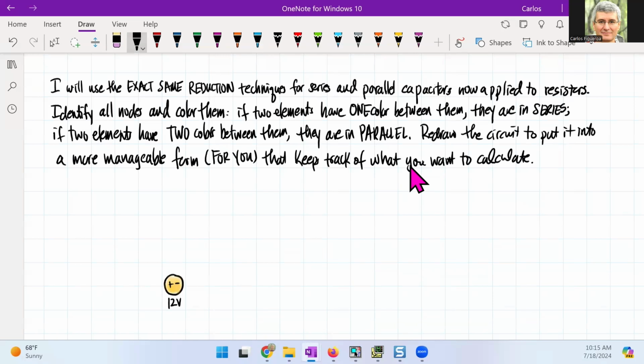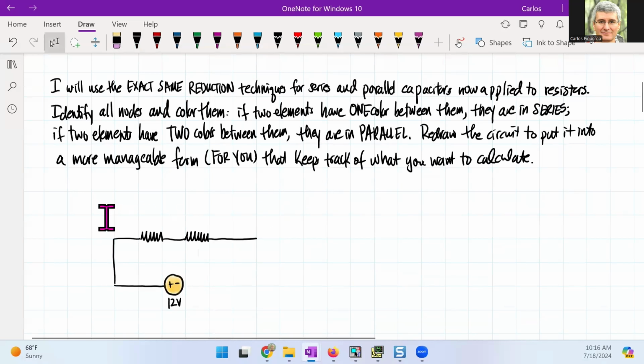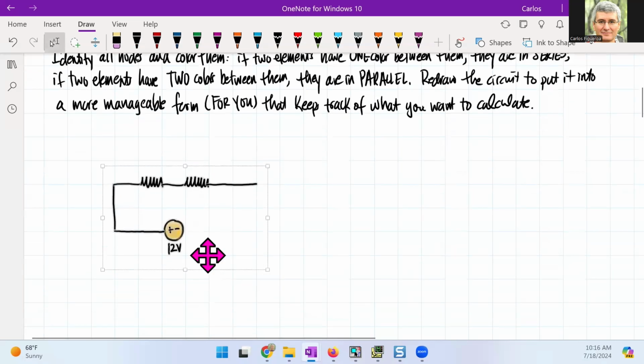Then I come out and have my first branch, with one resistor here, and this goes down.